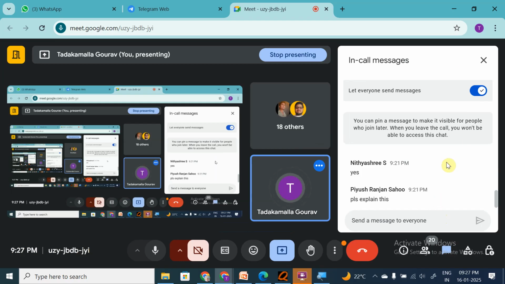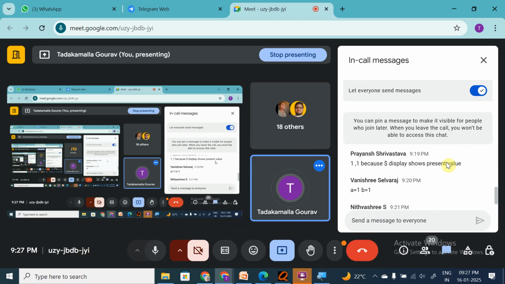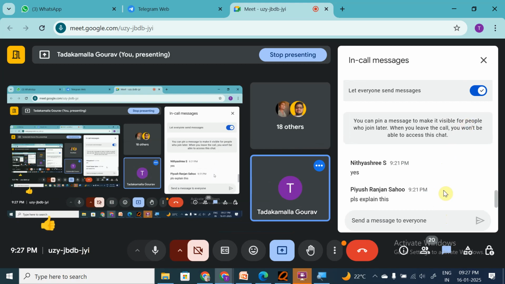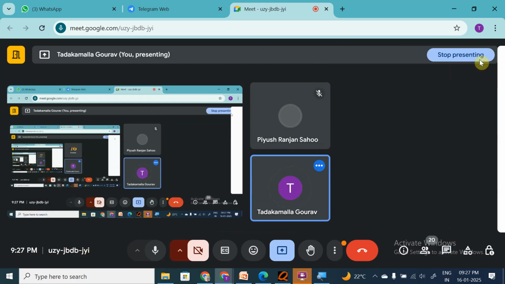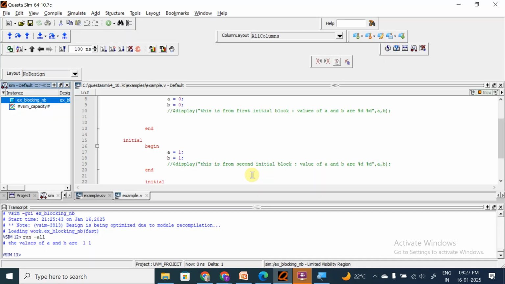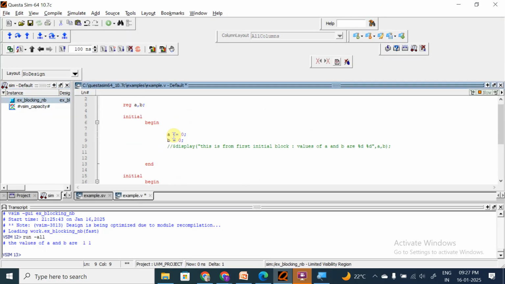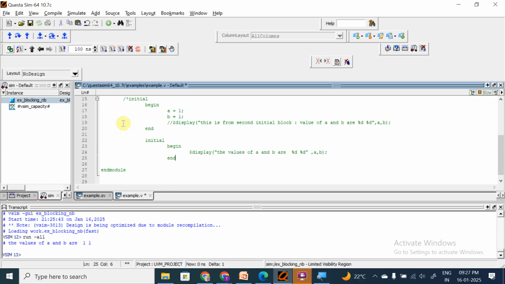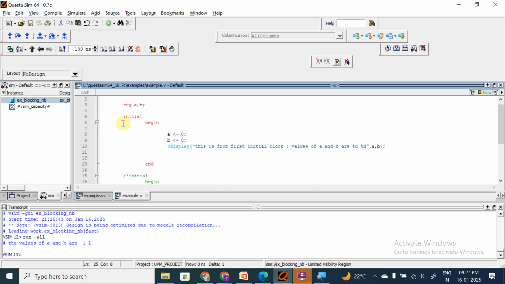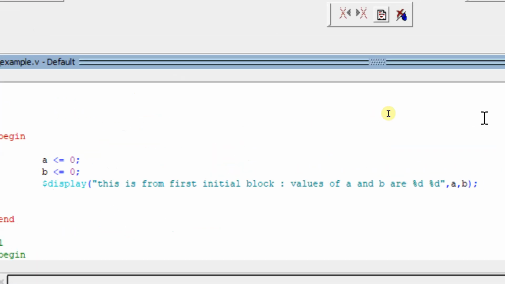So is it clear for everyone? Can we move forward? Now, let us say we are using a non-blocking assignment of 0, 0, and let me remove this and comment all this. So what may be my value of a and b?